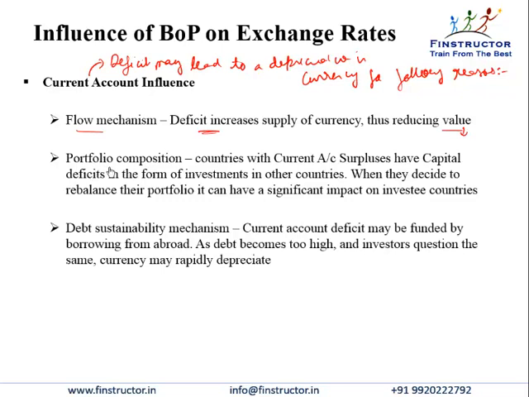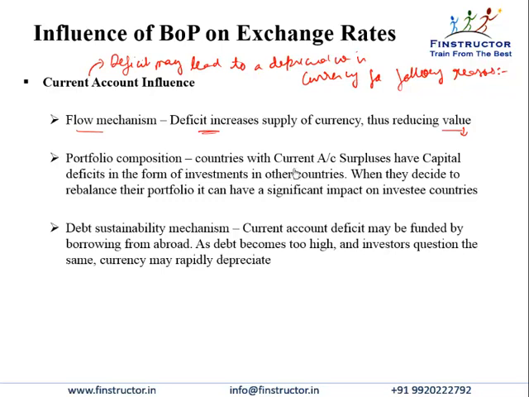Secondly, if you have a current account deficit, then it must be funded by a capital account surplus, or the flow mechanism will cause the currency to depreciate. Even if the current account deficit is followed by a capital account surplus, that means some other country has invested in you, or given you a loan.